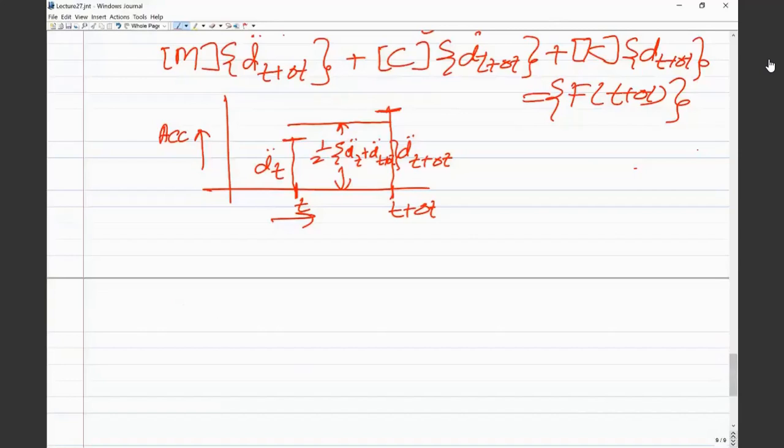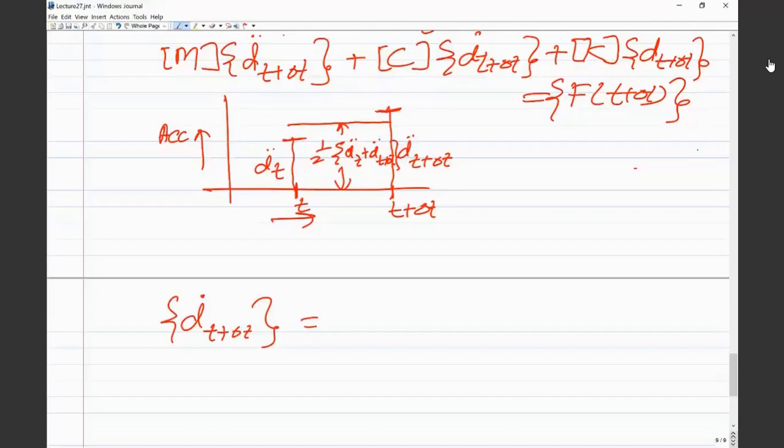From acceleration we can write velocity: v equals u plus at, where v is the final velocity, u is the initial velocity, a is the acceleration, and t is the time interval.